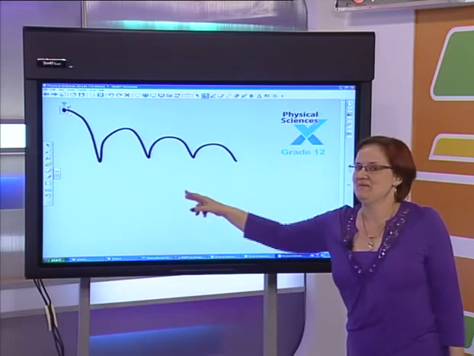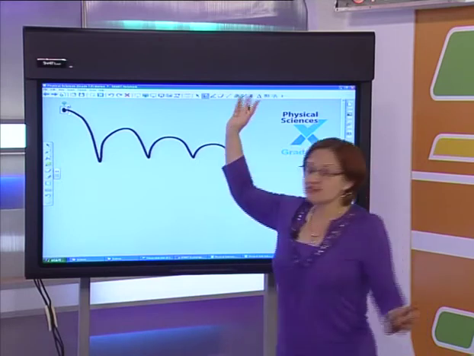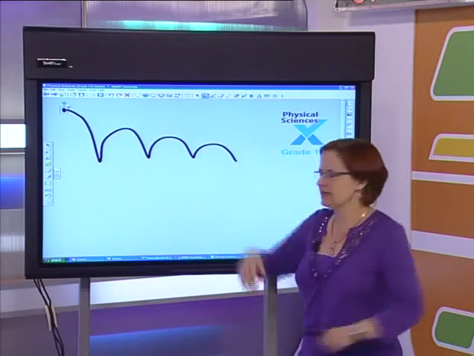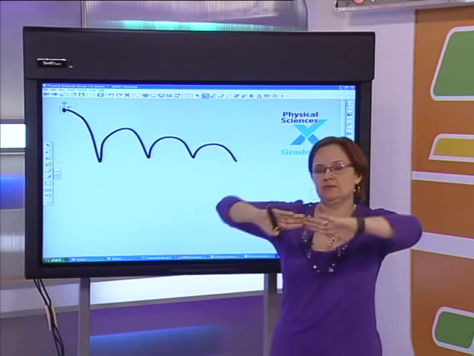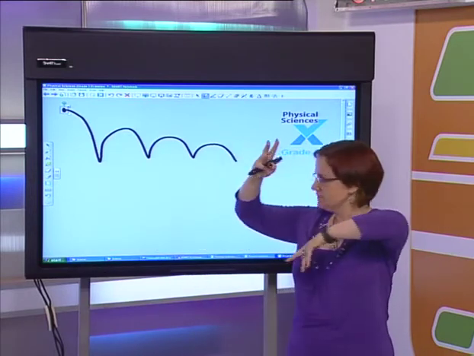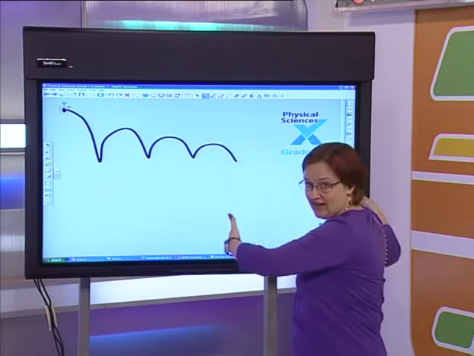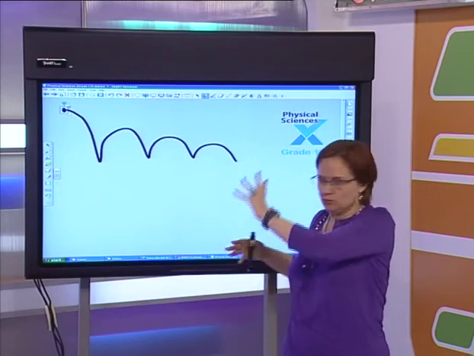The nice thing about bouncing balls is that we choose a direction as positive, and like I said earlier, let's take down as positive. If we chose up as positive, then your graphs just reverse. Whatever I draw down, you would draw up, and whatever I draw up, you would draw down.